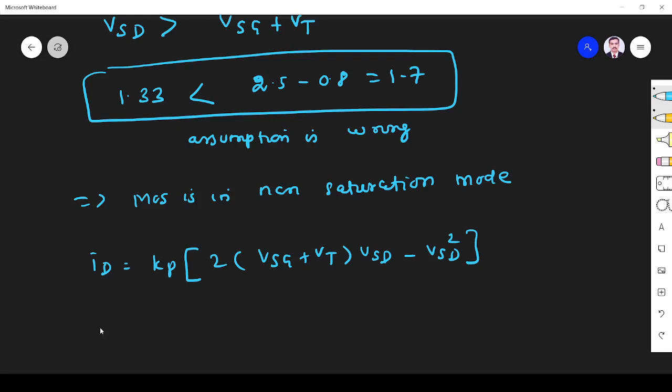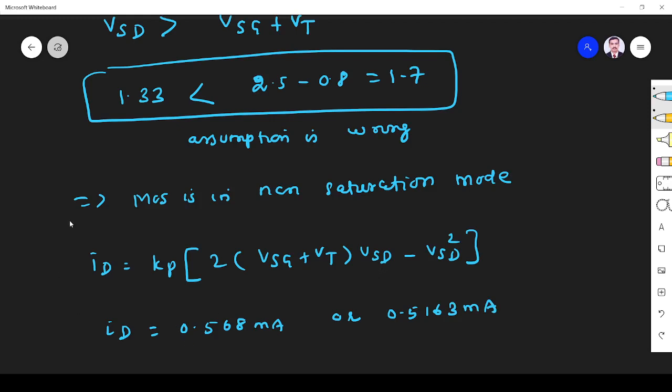So if we simplify, we get a quadratic, so we will get two values for ID. One is 0.568 milliampere, or another one is 0.5163 milliamps.